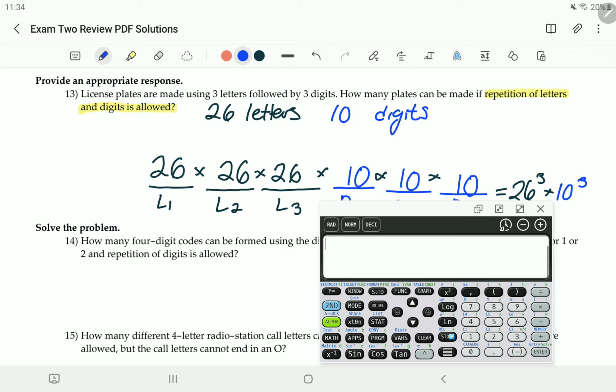Let's multiply. Let's first clear this. 26 times 26 times 26 times 10 times 10 times 10. And our answer, which I'm going to write up here in red, 1,757,600.